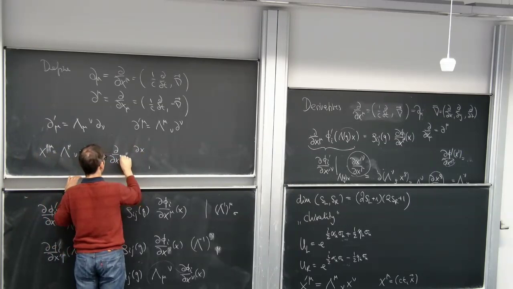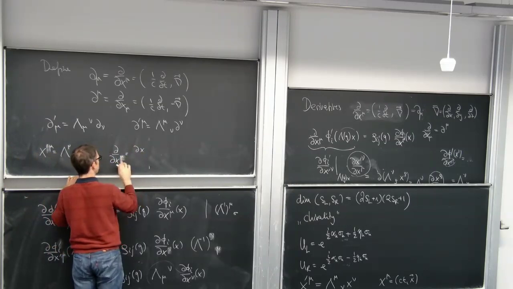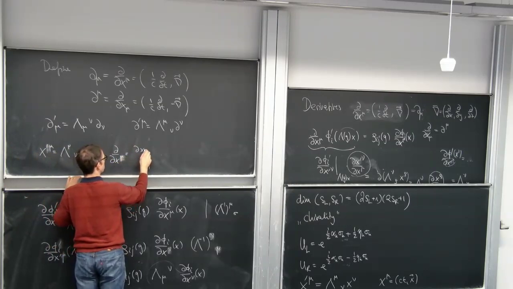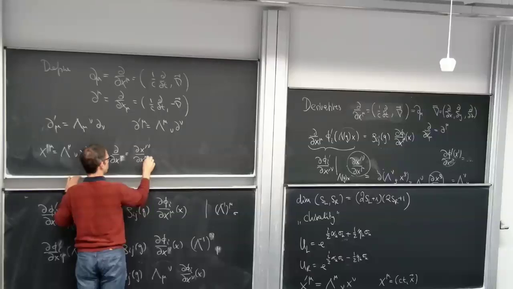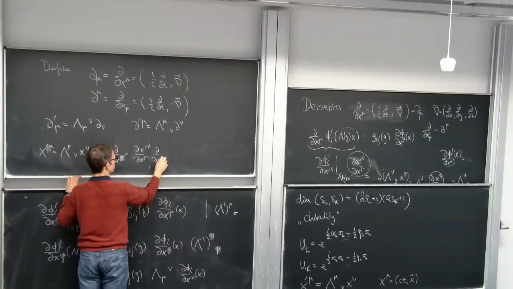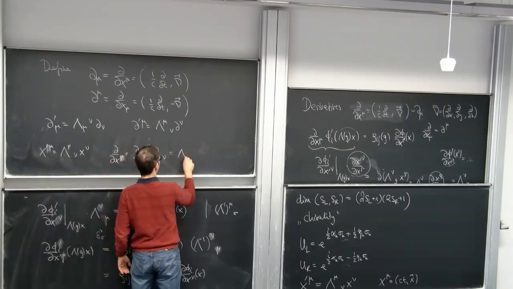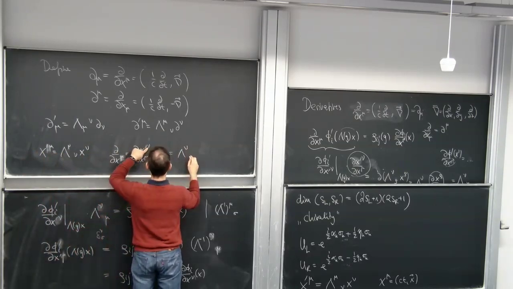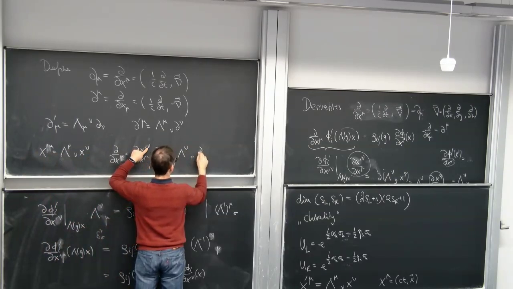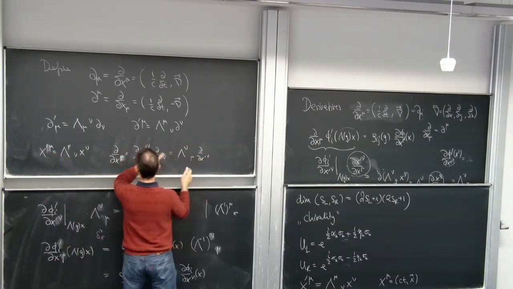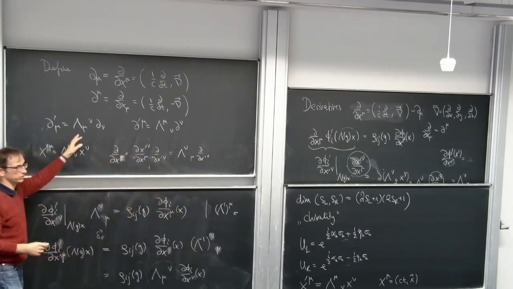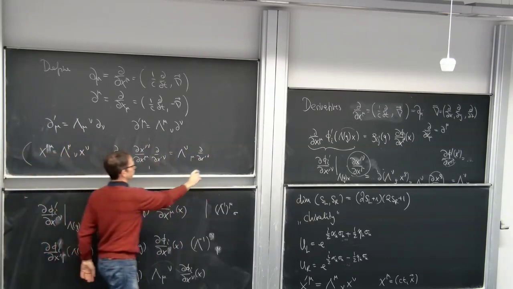Without the prime, it is d by dx nu times dx nu by dx prime mu. So this is just a chain rule. Then you use what we have, lambda, and then d by dx nu, and take it to the other side, and then you're there too. So this is just the shortcut.